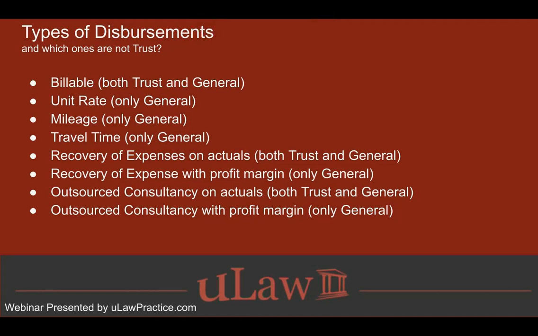which includes any billable items, anything that forms part of recovery of expenses that you have incurred on behalf of them, including travel time, any postages, couriers, any mileages, unit rate, photocopies, all of these form part of it.